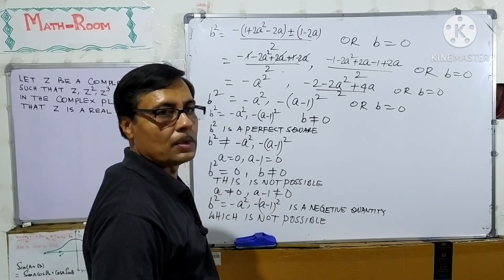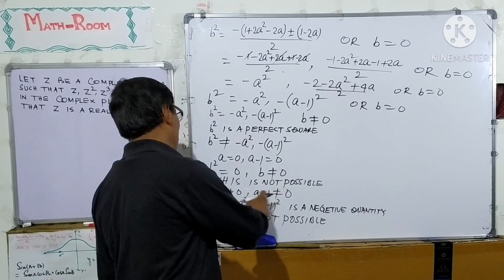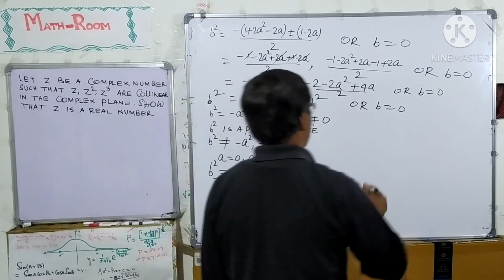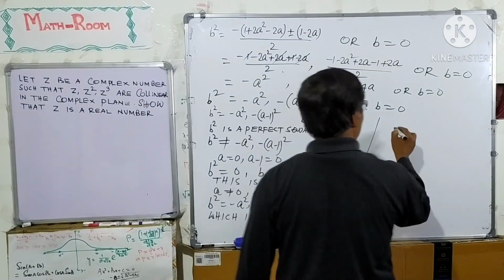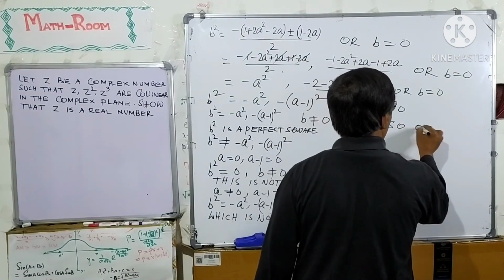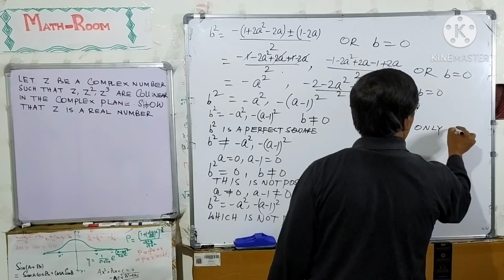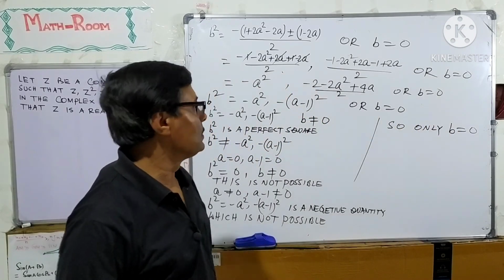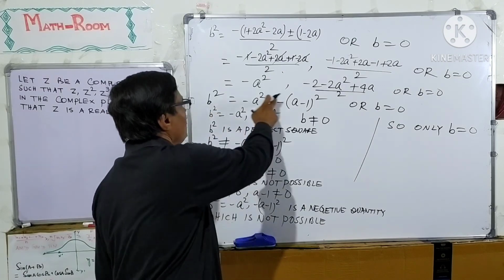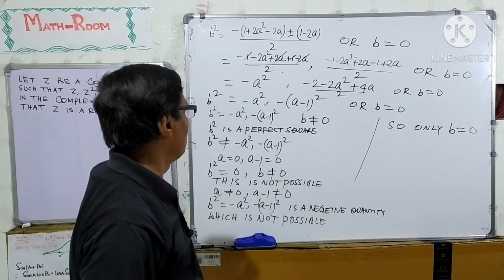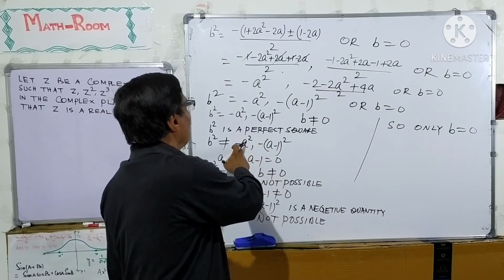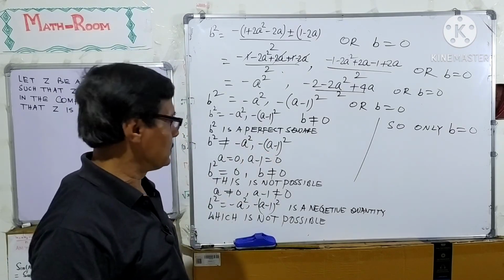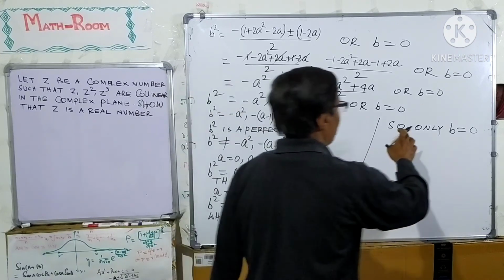B square cannot be a negative quantity, because b square is a perfect square. So, only b equal to 0, but b square not equal to minus a square or minus a minus 1 whole square, only b equal to 0.